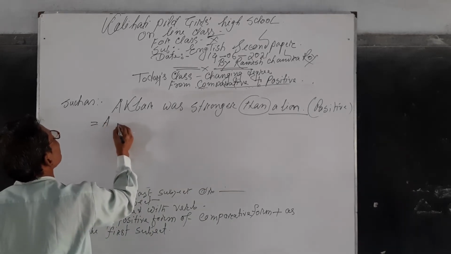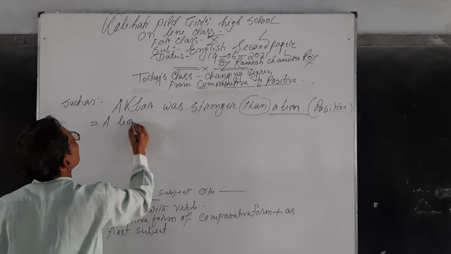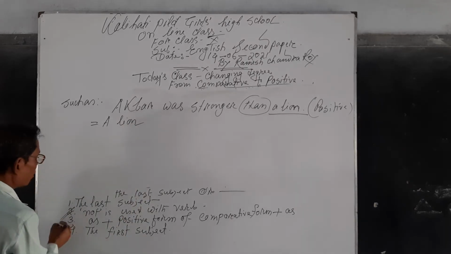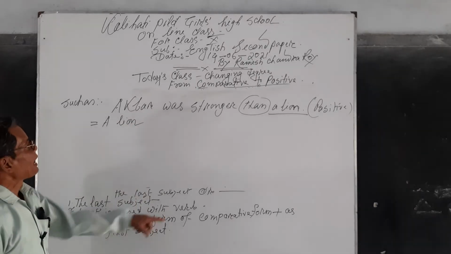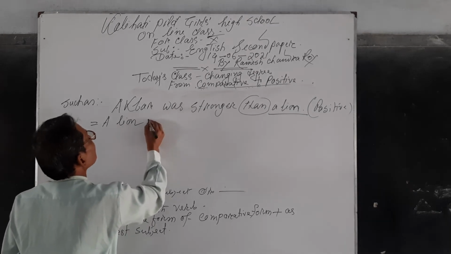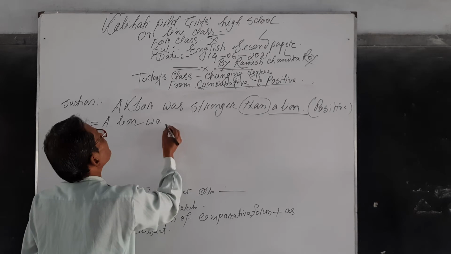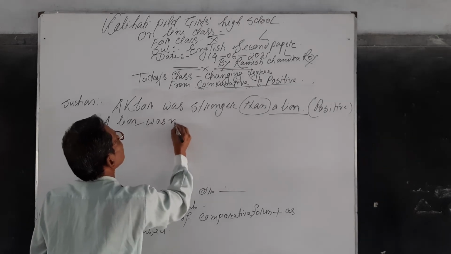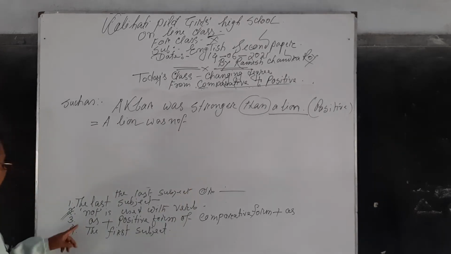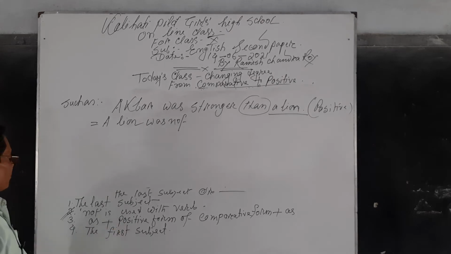Number two, not is used with verb. Was is the verb, so not is added: was not. Number three, as plus positive form.